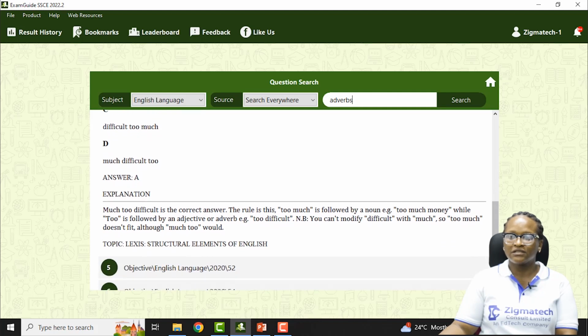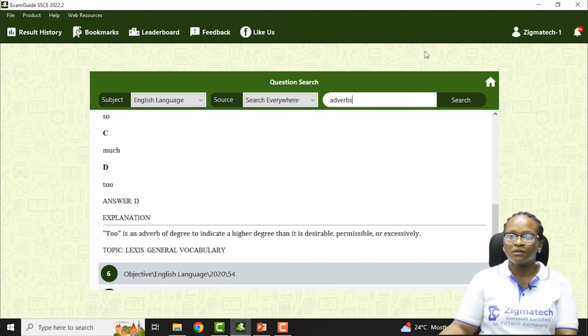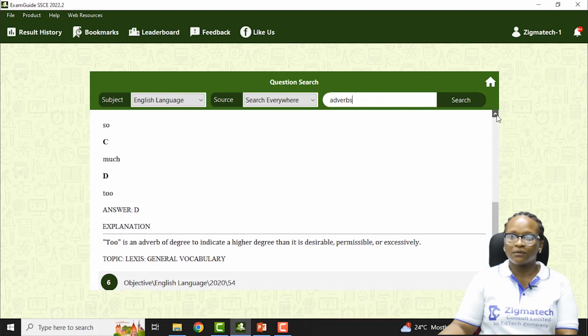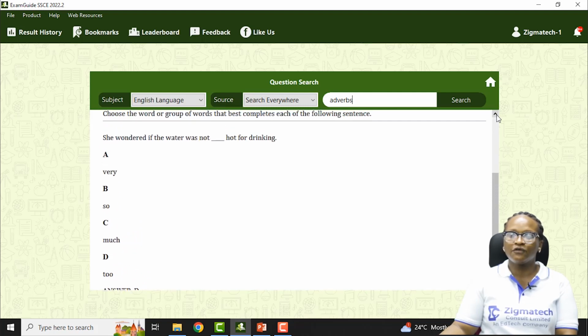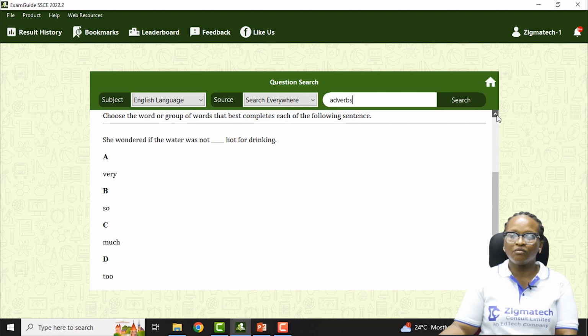All right, let's take another one. Yes, this is: she wondered if the water was not dash hot for drinking. She wondered if the water was not very hot for drinking. No, very is more or less a positive word. So she wondered if the water was not too hot.